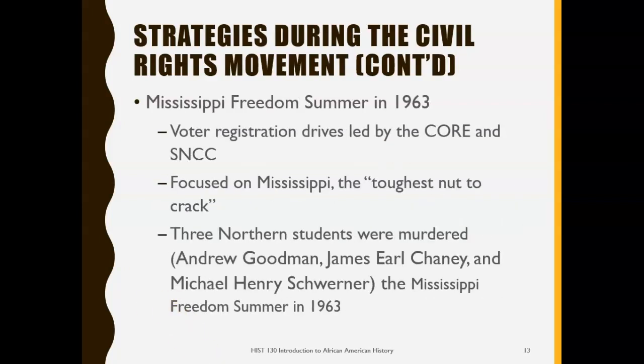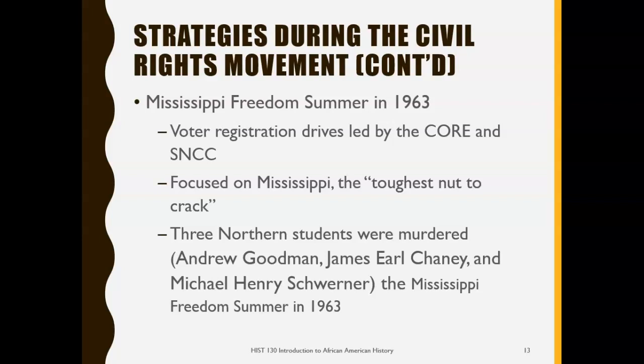In the summer of 1963, CORE and SNCC, these are 2 famous student organizations, organized voter registration drives focusing on Mississippi. And Mississippi at that time was considered the toughest nut to crack, which means the toughest state that practiced segregation, and that was difficult to crack.